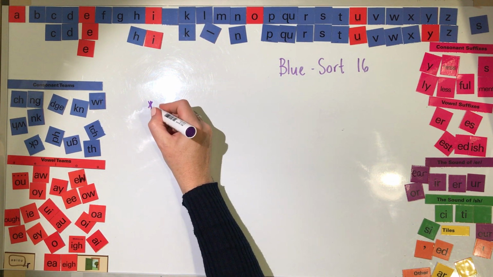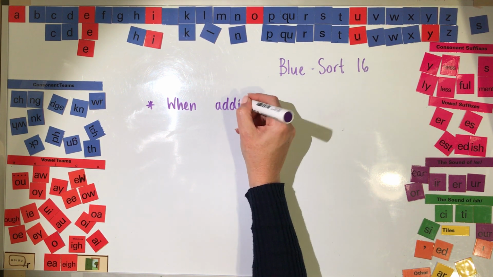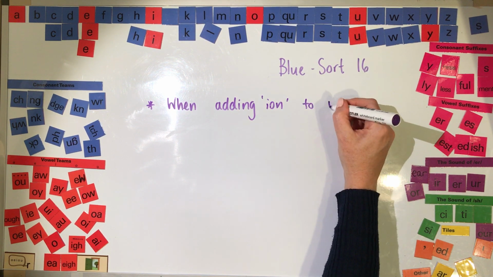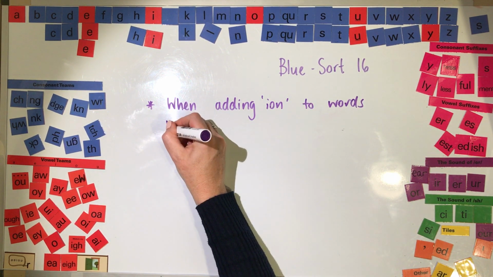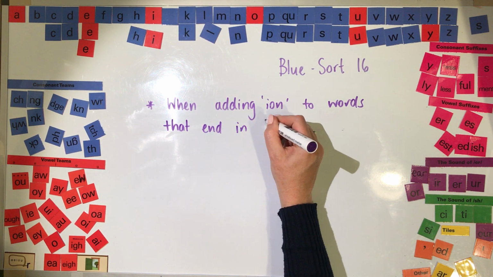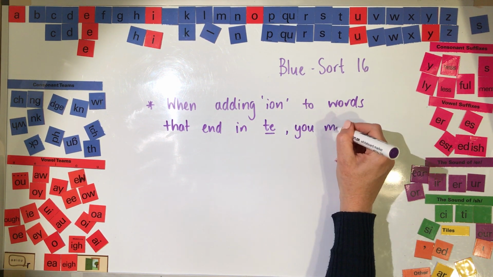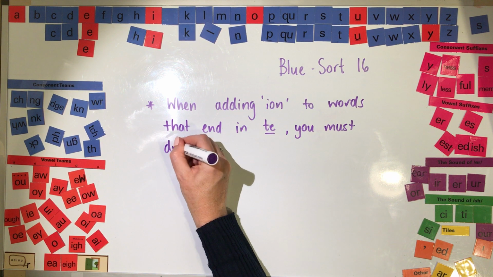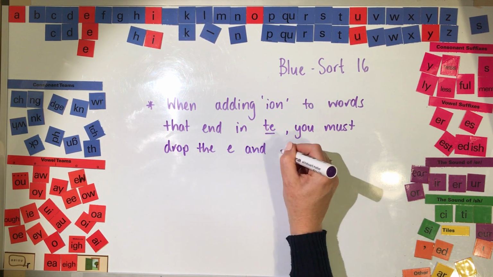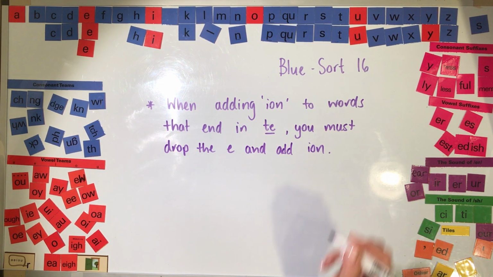So, when adding ION to words that end in TE, you must drop the E and add ION.